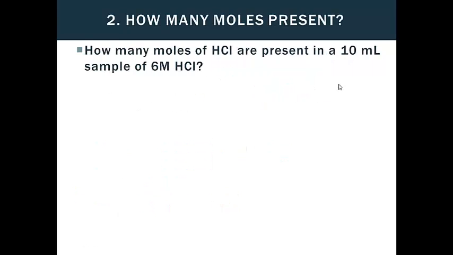The next question: how many moles of HCl are present in a 10 milliliter sample of 6 molar hydrochloric acid? So once again, we need our equation. This time, we're solving for moles. I'm given molarity and milliliters, and I want to solve for how many moles.